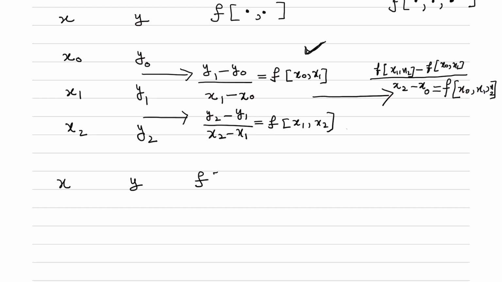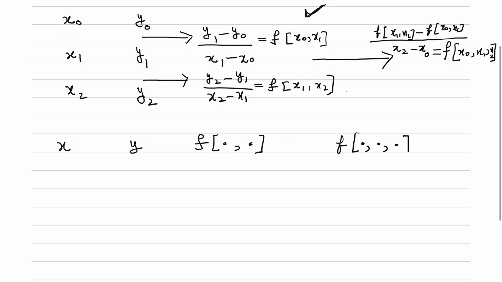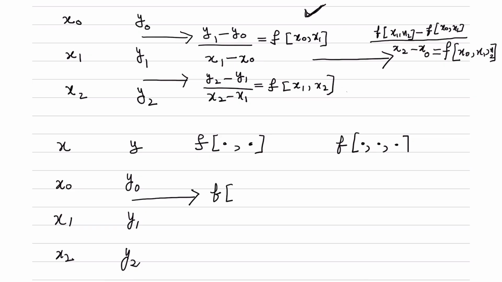Let's very quickly have a look at these notations. So we had the data x0, x1, x2. For y values you had y0, y1, y2, and the first value that you get in between these two for the third column will be of name f of the first two x's, x0, x1.